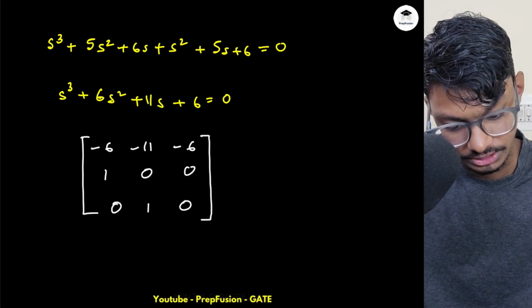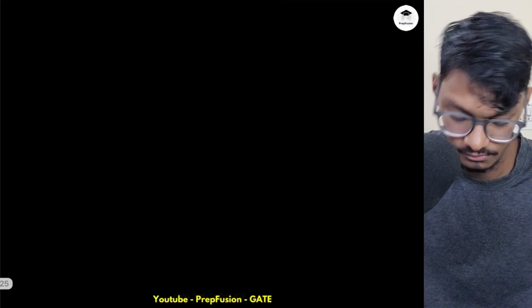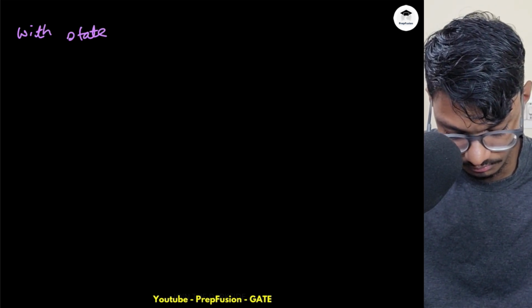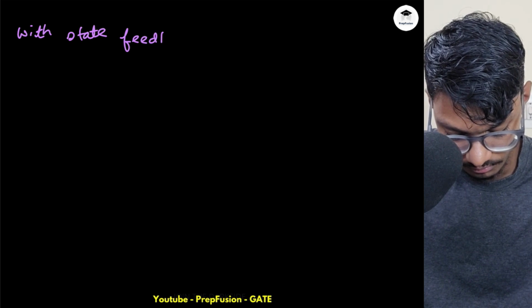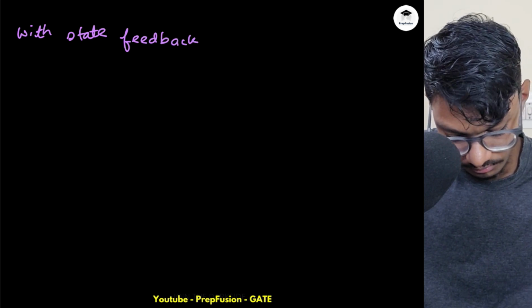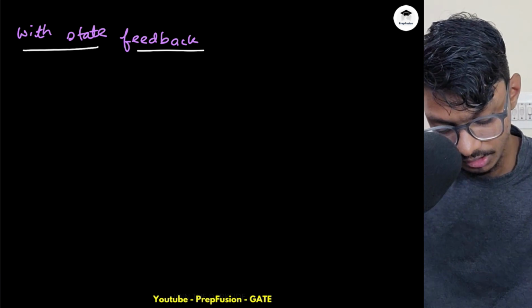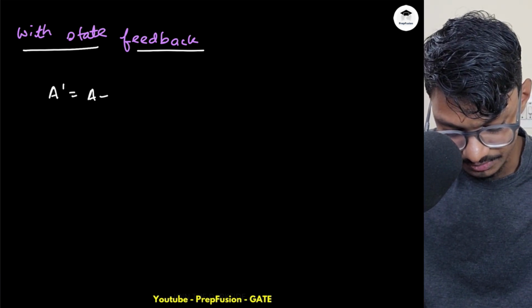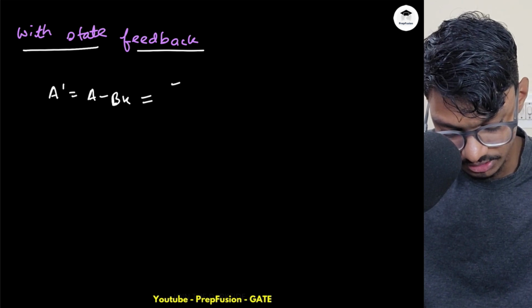With state feedback, my system matrix A dash will be A minus BK. Basically only the first row will change.